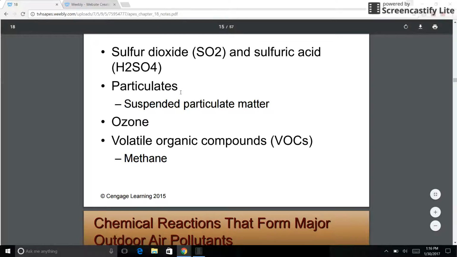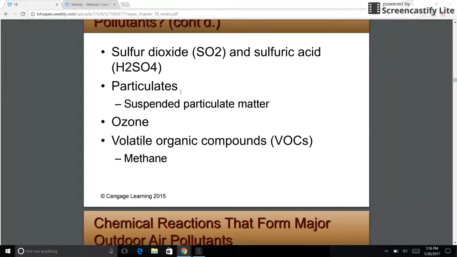Particulate matter is divided up into different categories based on its size. So there's smaller particulates, PM2.5. You have larger, up to like PM10. And this is things like smoke, soot, ash. This is also a criteria pollutant. Ozone is a 5th criteria pollutant, and it is only a secondary pollutant.